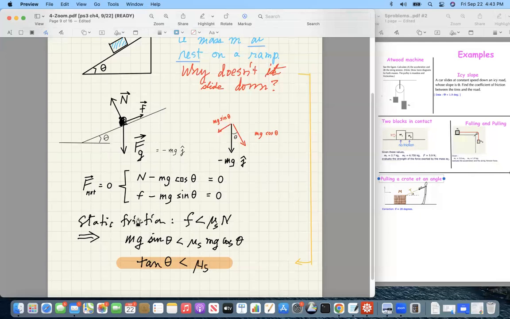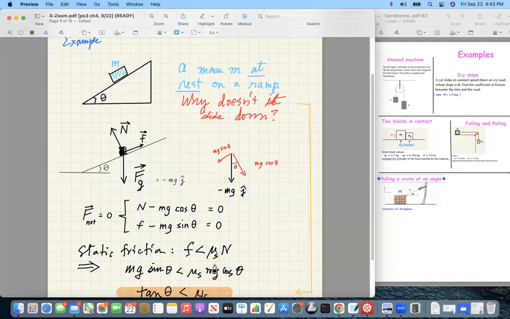And the coefficient of static friction says that the frictional force must be less than the normal force times the coefficient of static friction. So if you put these various equations together, you'll find that in order for the block to stay there and not slide down, the tangent of theta must be small enough. It must be smaller than the coefficient of static friction.